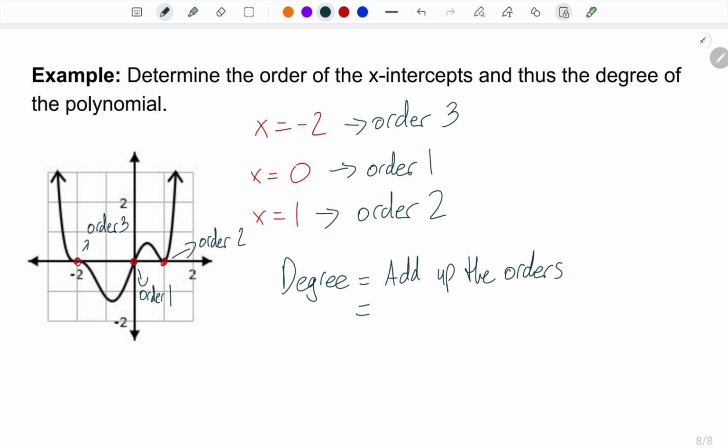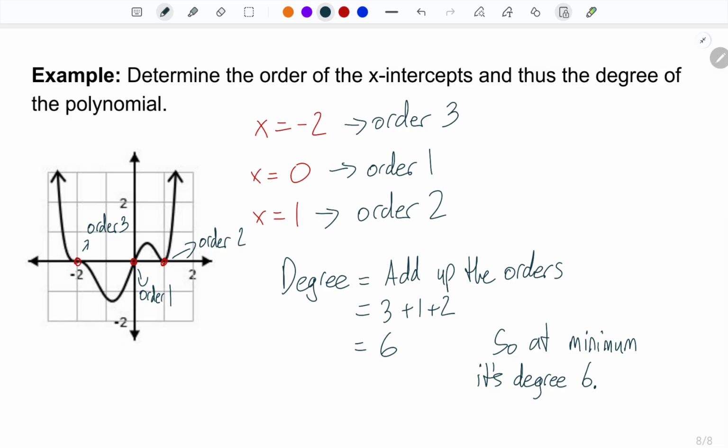It's maybe not the most mathematically nice way of writing that, but it's essentially getting the idea across. So we have 3, 1, and 2, which means at minimum we need degree 6. So at minimum, it's degree 6.